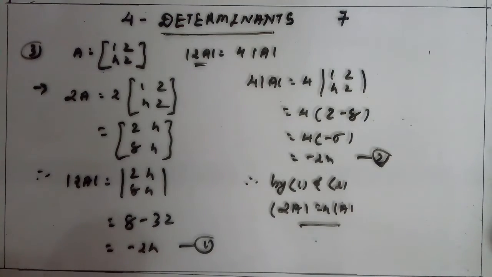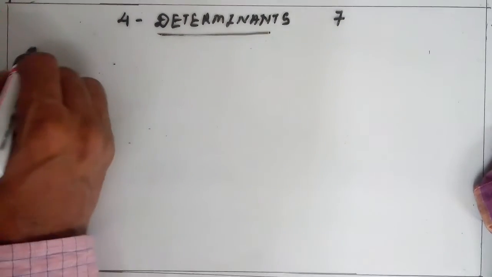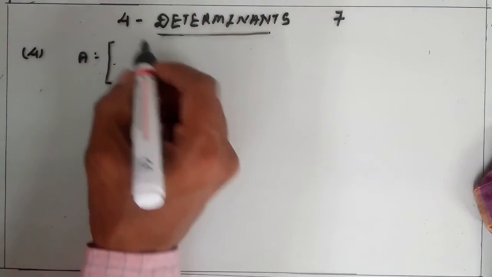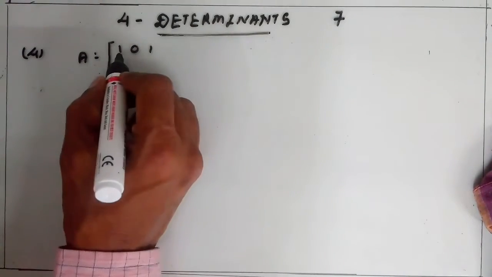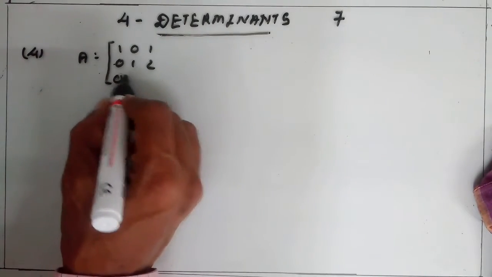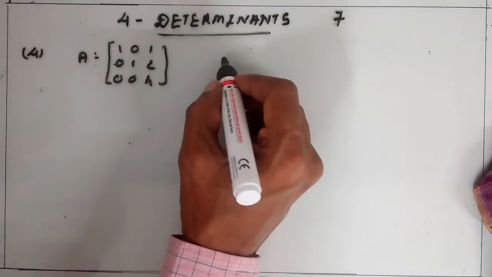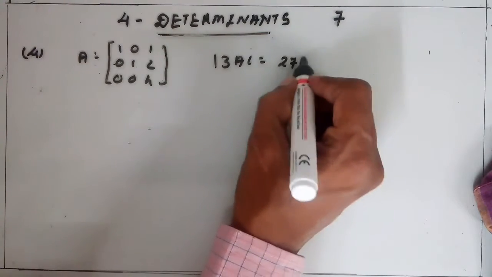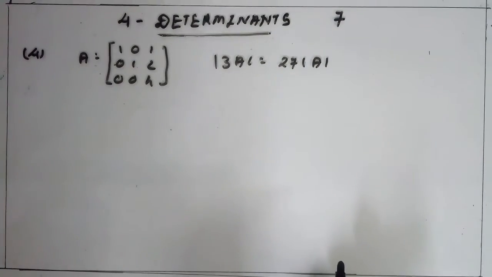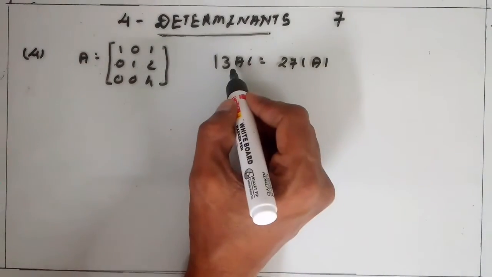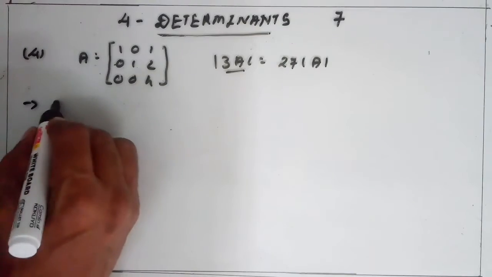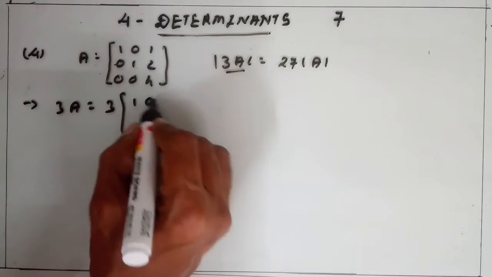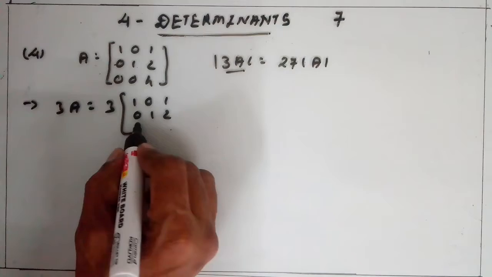Now question number 4. For a third order matrix A equal to 1, 0, 1, 0, 1, 2, 0, 0, 4, show that determinant of 3A is equal to 27 into determinant of A. First we get 3 into A. 3 into A is equal to 3 into matrix A, which is 1, 0, 1, 0, 1, 2, 0, 0, 4.